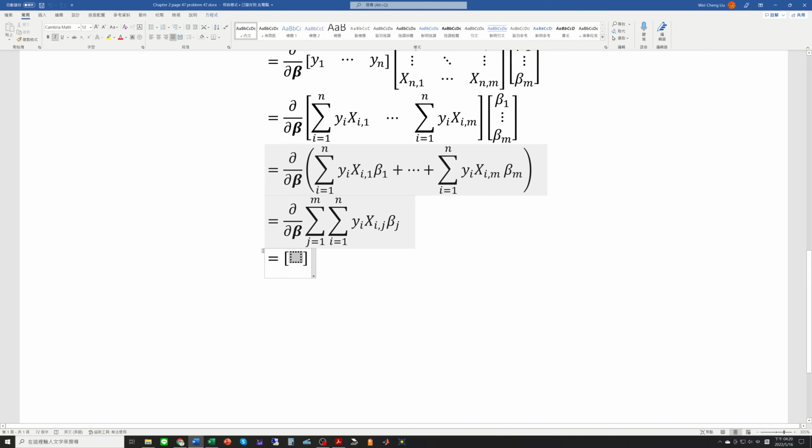So we know that this is equal to a vector.